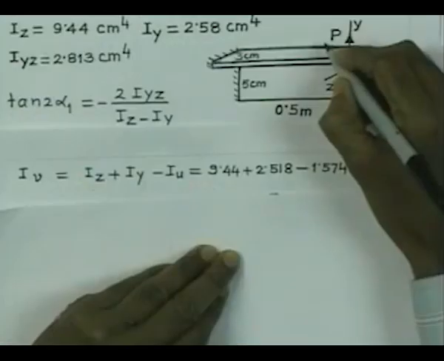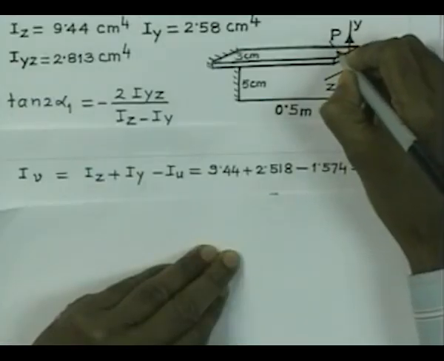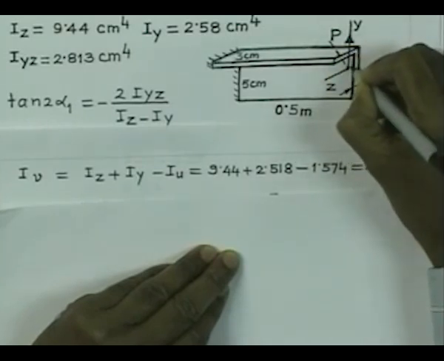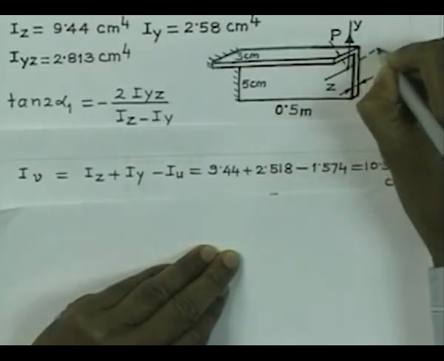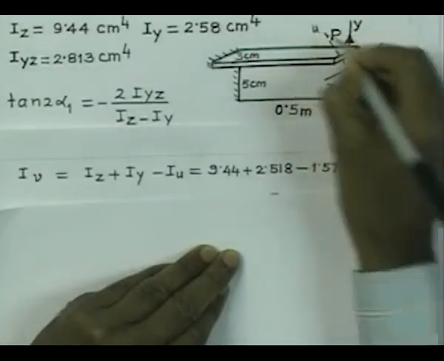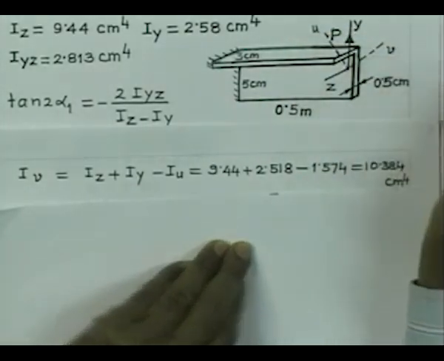So, we have now located the principal direction. One of the principal directions is this one, which is at an angle of 70.32 degree with the z direction. So, therefore, this is your u, this is v.